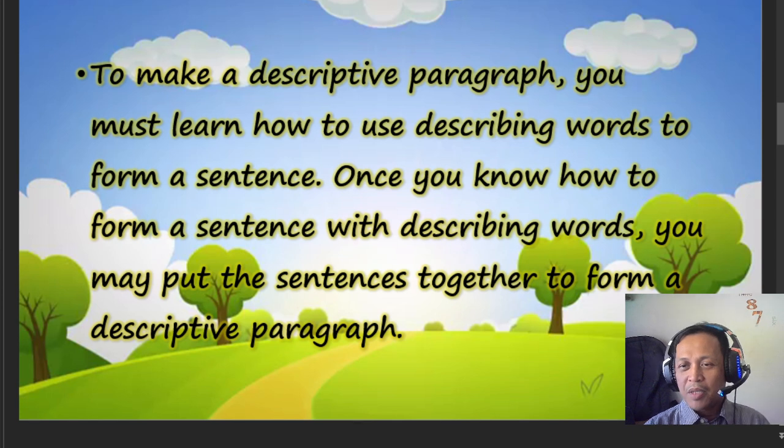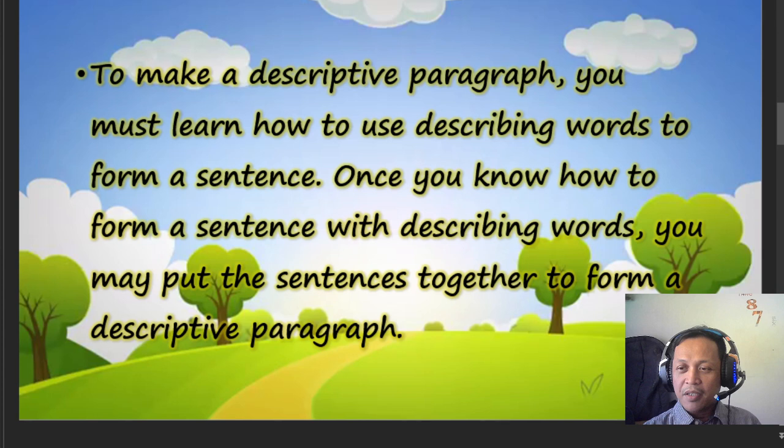But remember, the sentences must contain the same idea. If they contain different ideas, it wouldn't make a descriptive paragraph. All of the sentences must agree to one idea.